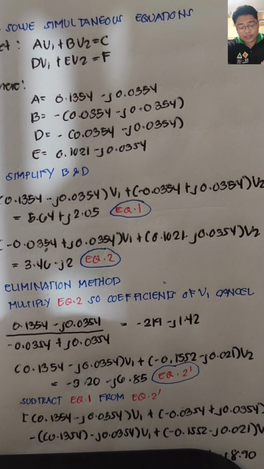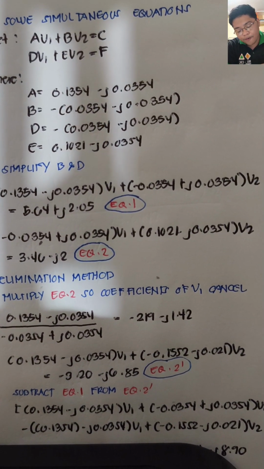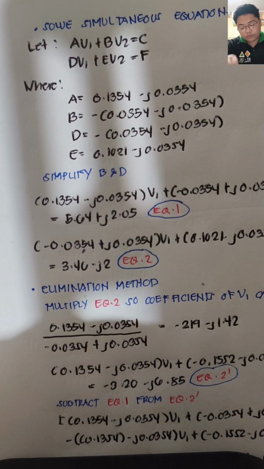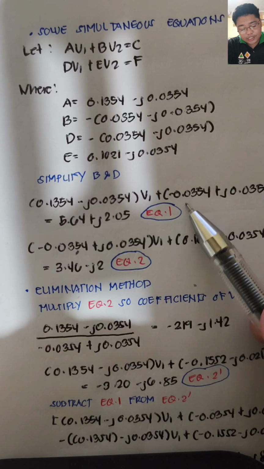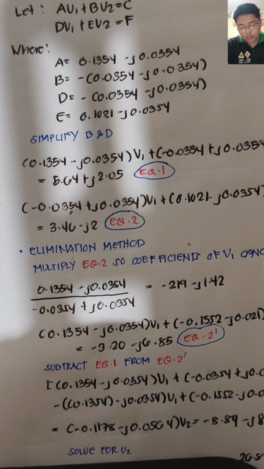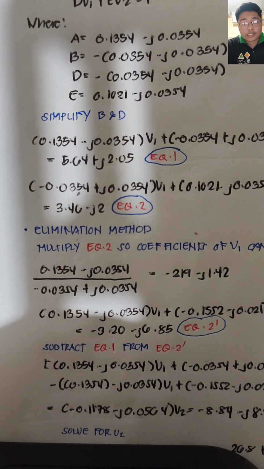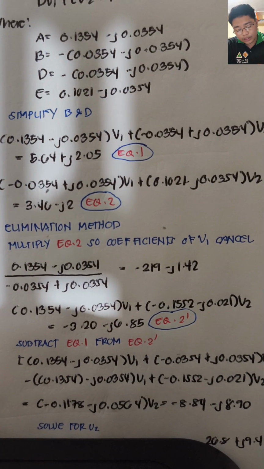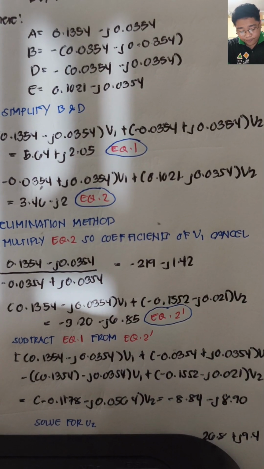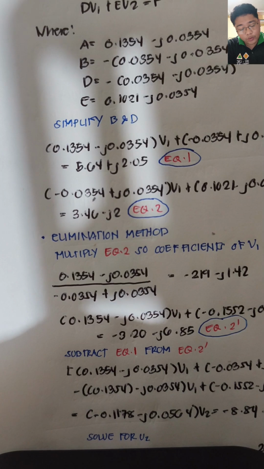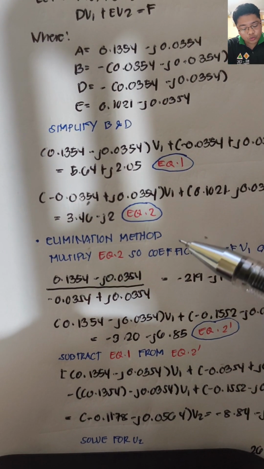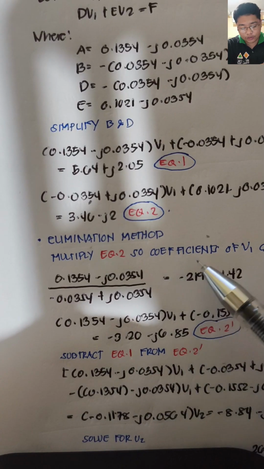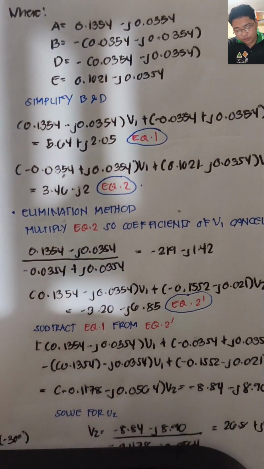Now let's simplify. (0.1354 minus j0.0354) V1 plus (negative 0.0354 plus j0.0354) V2 equals 5.64 plus j2.05. That will be equation number 1. Next, (negative 0.0354 plus j0.0354) V1 plus (0.1021 minus j0.0354) V2 equals 3.46 minus j2. And that will be our equation number 2.